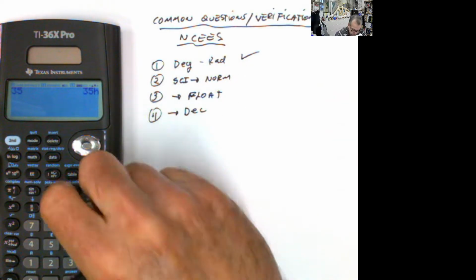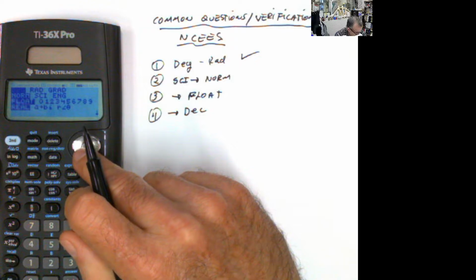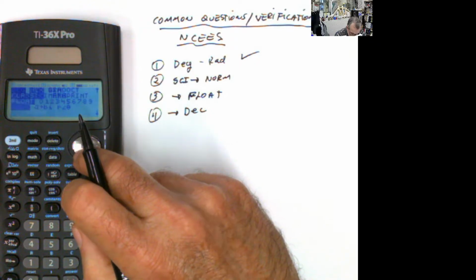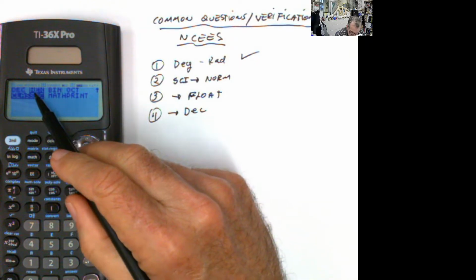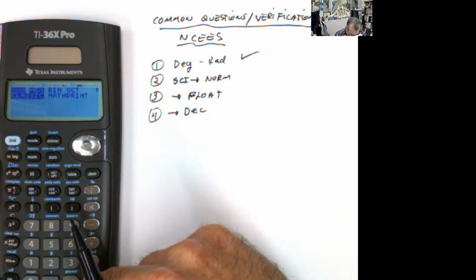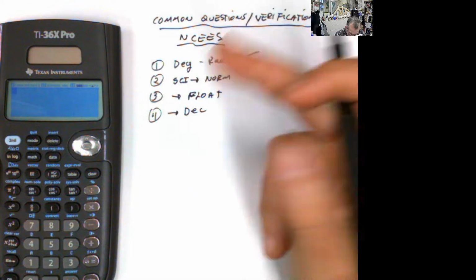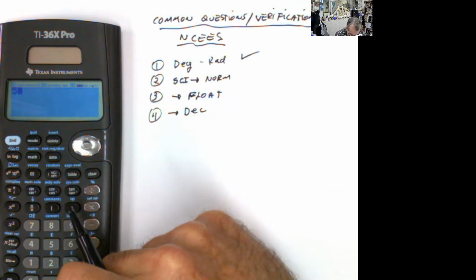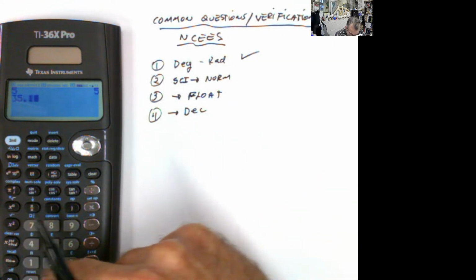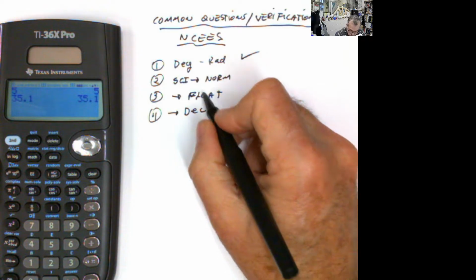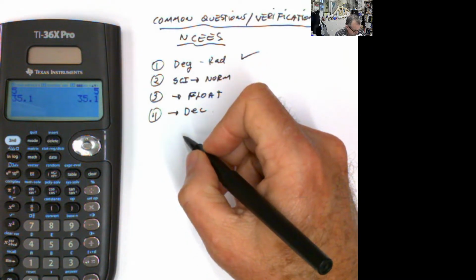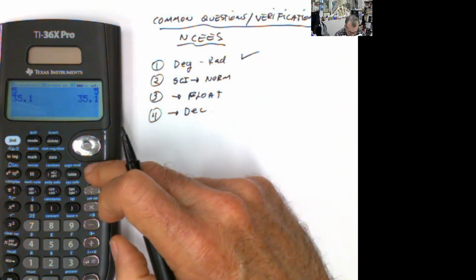So you have to go to mode again, and you see here it was in hexadecimal. You just change it to decimal, and you can quit or clear, and then when you enter 35, you get the number, not in hexadecimal. So change it to decimal because it's going to make your life way easier.